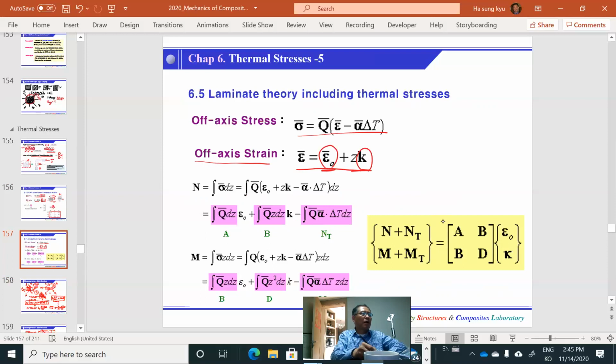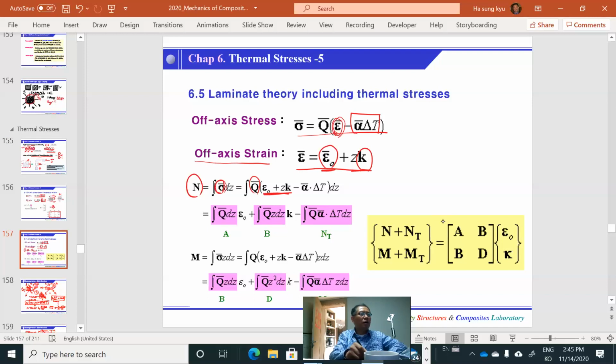So by definition of the in-plane load, N is given as the integral of sigma bar dz. Now all we need to do is consider these terms, and instead of sigma bar, we have Q bar and epsilon bar.